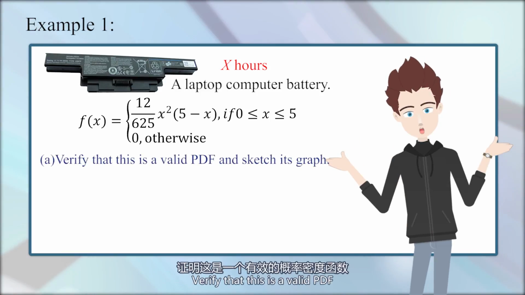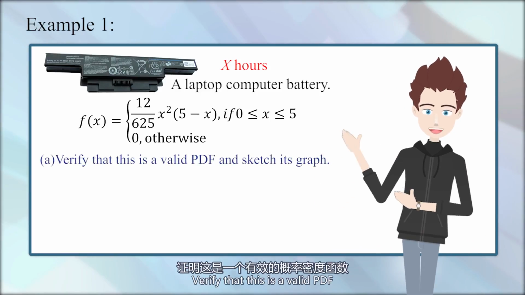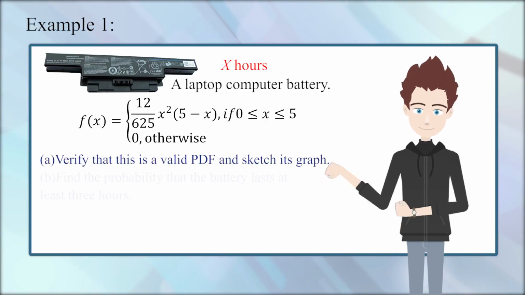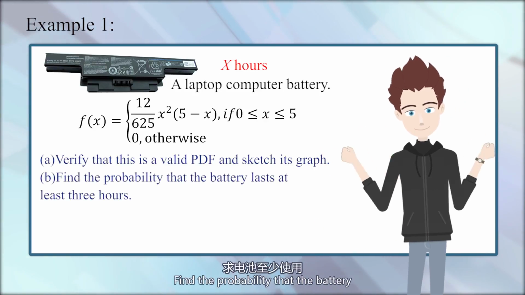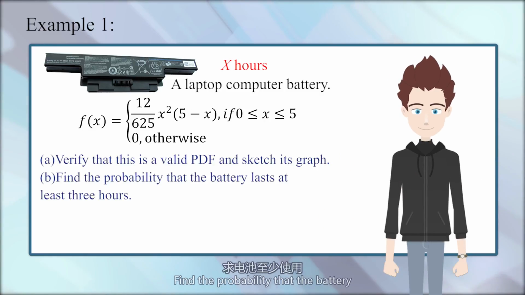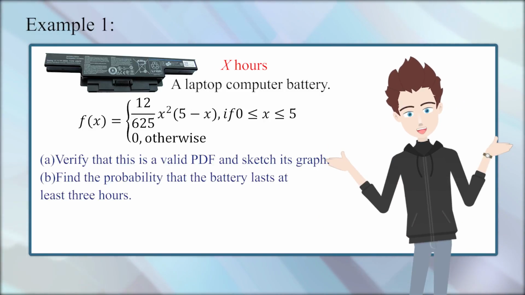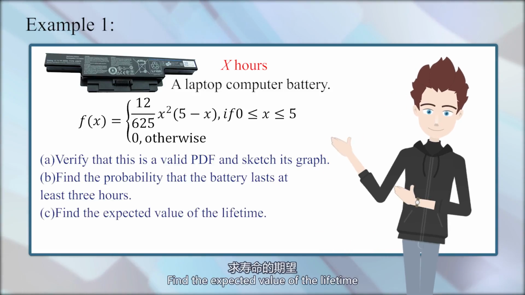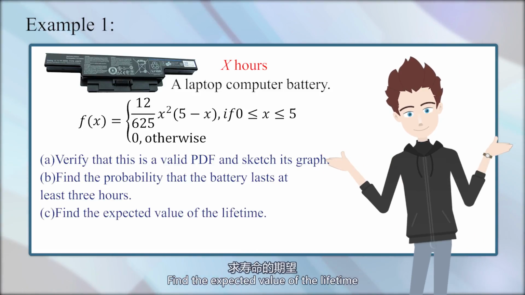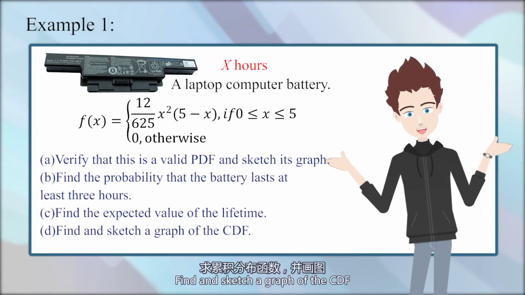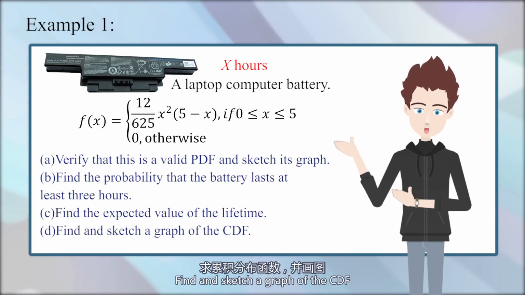A. Verify that this is a valid PDF and sketch its graph. B. Find the probability that the battery lasts at least 3 hours. C. Find the expected value of the lifetime. And D. Find and sketch a graph of the CDF.